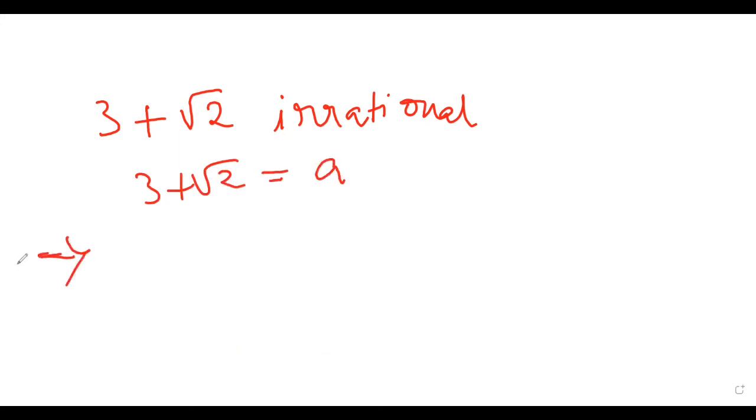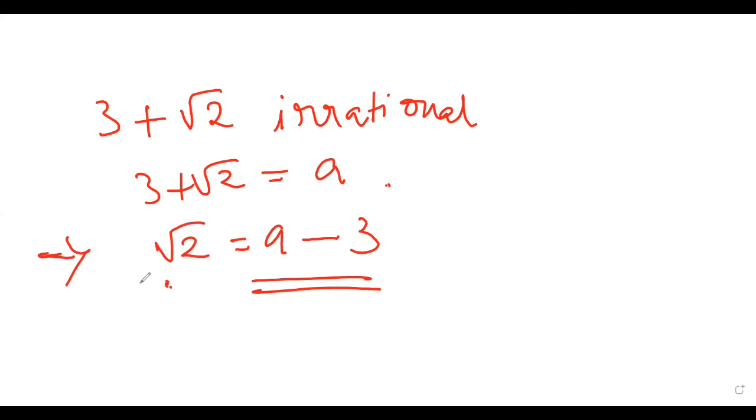Then we put this 3 on the other side, and we get root 2 is equal to a minus 3. Since this is the p by q form, we can say that root 2 is also rational, since LHS should always be equal to RHS. But this contradicts again. We have just proved that root 2 is irrational. So we can say that this is also irrational.